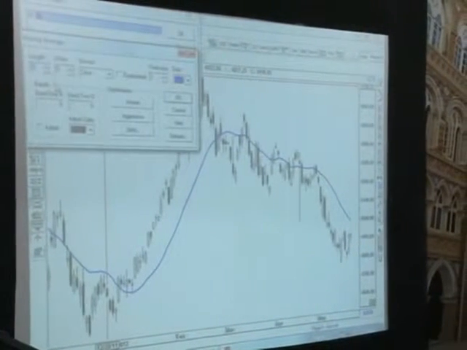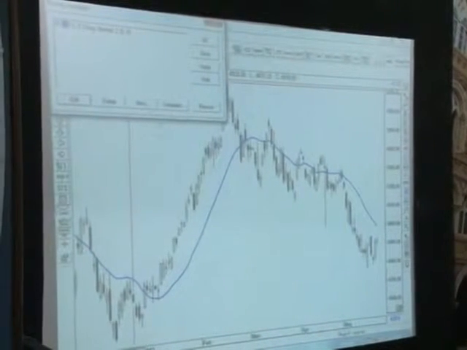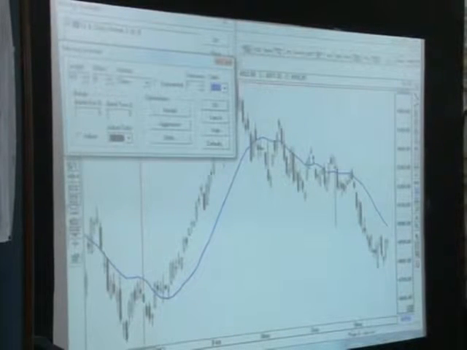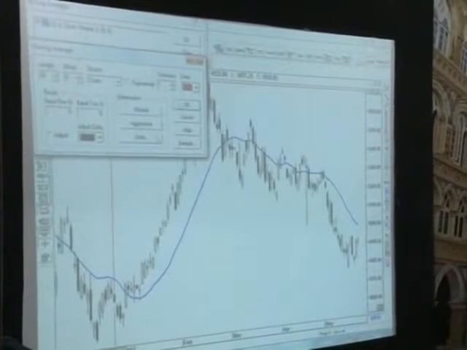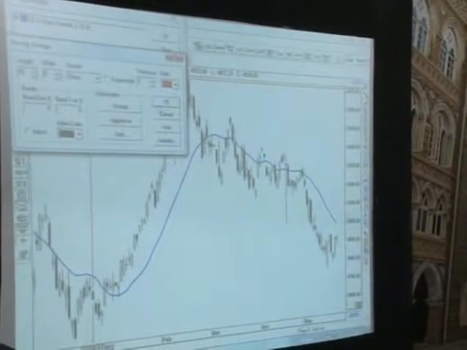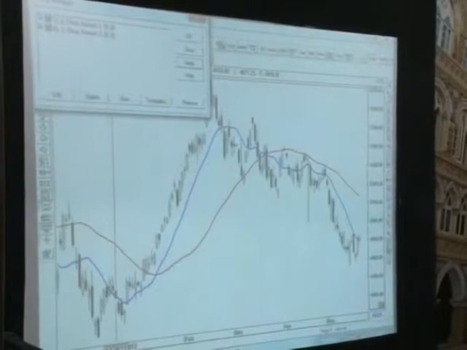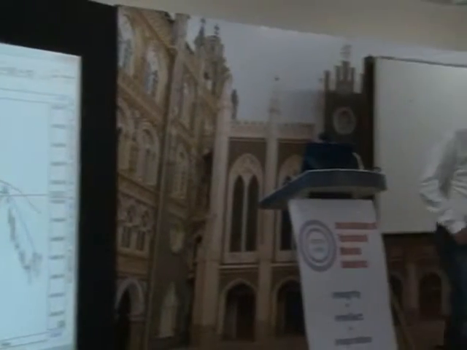So what I do is take 2 moving averages. One is 13, which is a fib number. One is 43, which is not a fib number, but it is curve fitted.